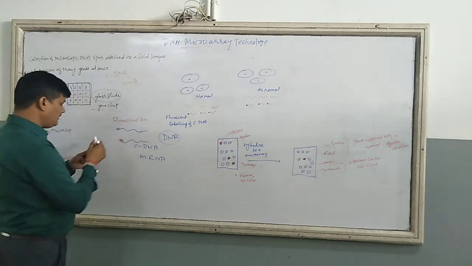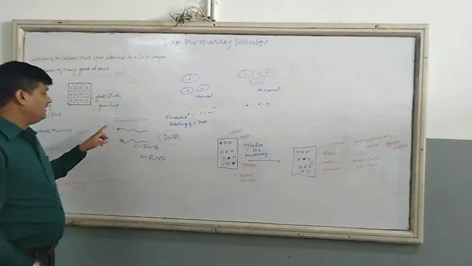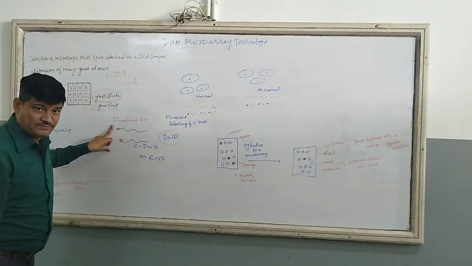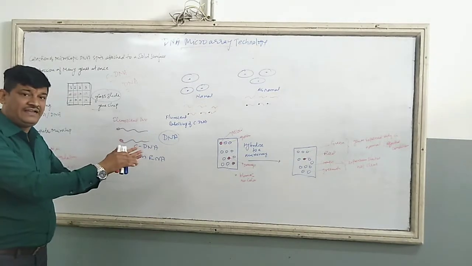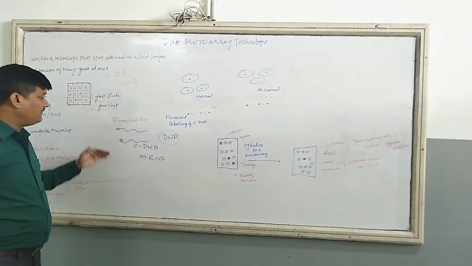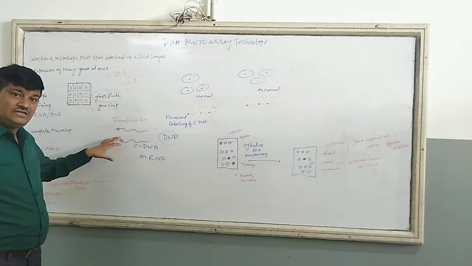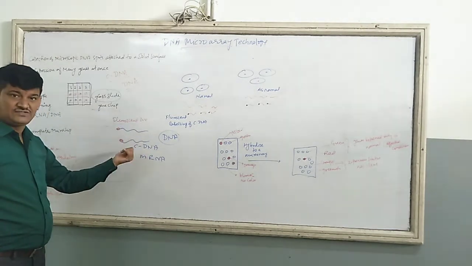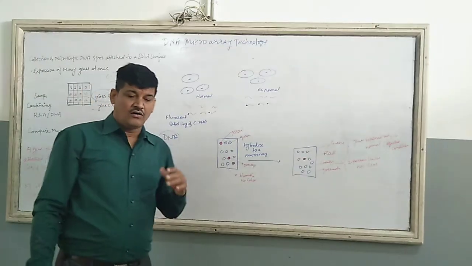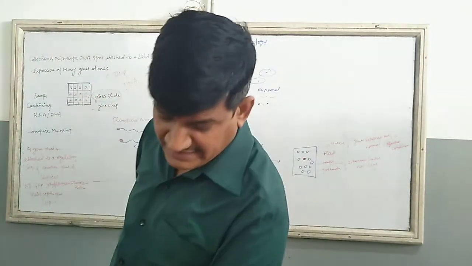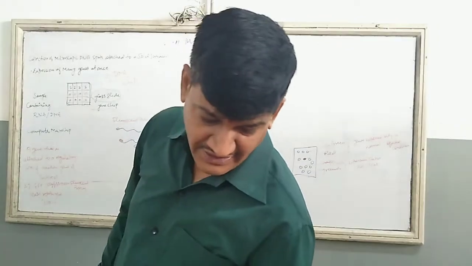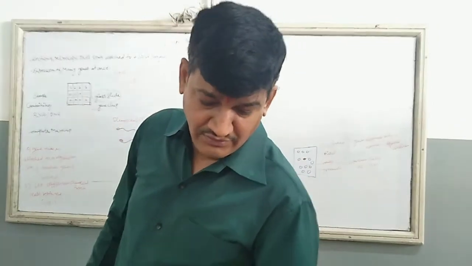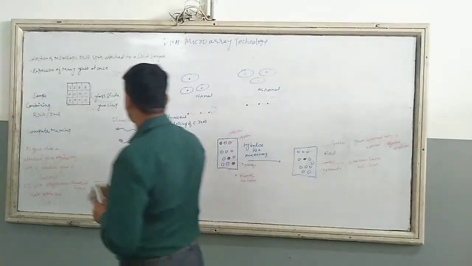The basic role of the fluorescent dye is that it indicates the presence of expression of the particular gene wherever this dye is attached. And we normally use a two-color dye, that is the red color dye and the green color dye.